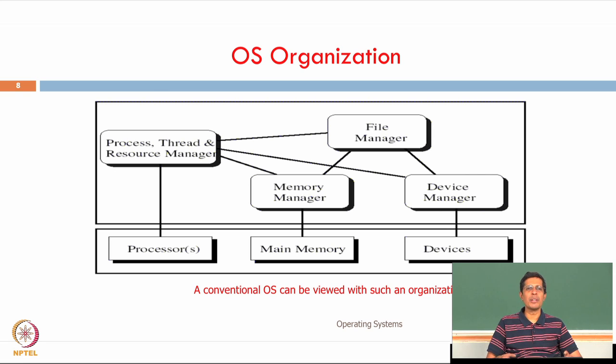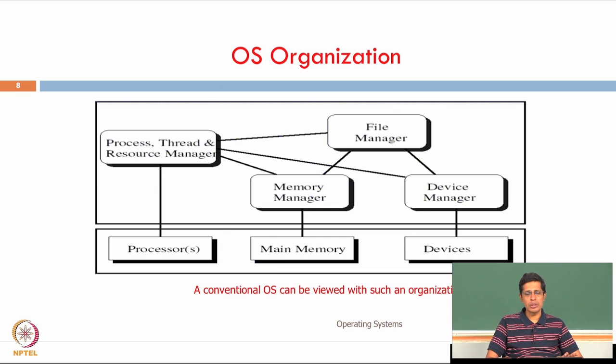What do I work on? I work on a file. Please note that if I want to store any information in the computer, I can store it only in the form of a file. So, a file is the basic unit of storage in the operating system. The memory manager, the device manager and the process, thread and resource manager talk to the file manager to get a lot of information from the files.